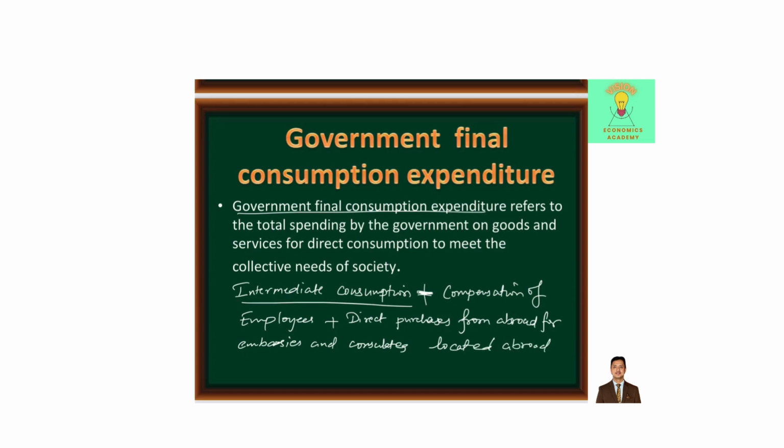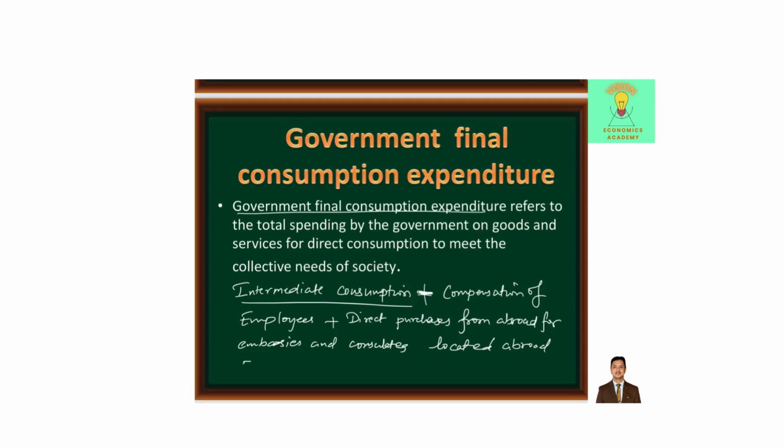So we, as India, would have various embassies and consulates located in foreign countries. The Indian embassy in Japan, for example, whatever goods and services are purchased by them for their daily administration, that would come under the expenditure of our government, right? So that is also an expenditure.